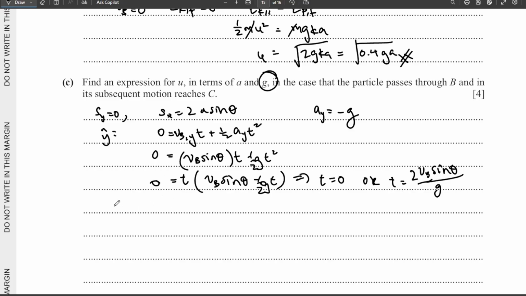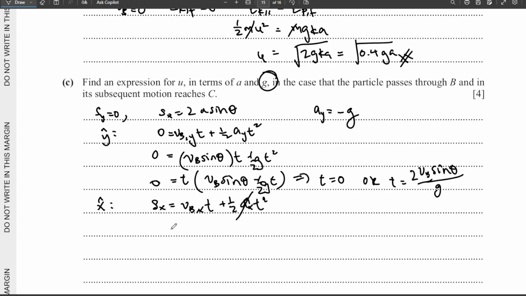Now we can deal with the x direction. We also have the same equation, Sx equals Vbx in this case, t plus half ax t squared. So we don't consider air resistance, so this term goes to 0.